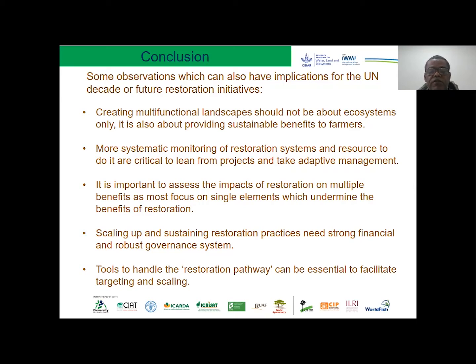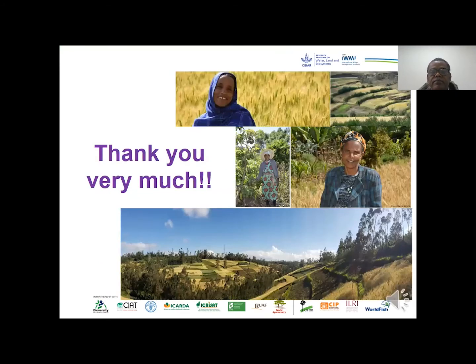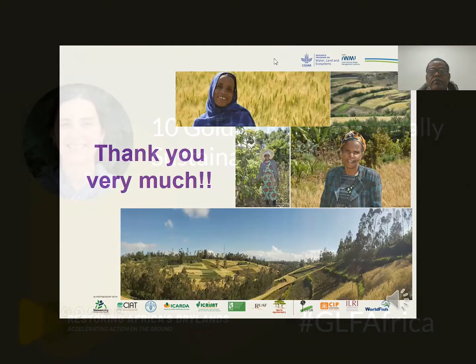And finally, our observation shows that some targeting and scaling tools may be necessary in terms of decision support, because there are some gaps in implementing landscape restoration following the whole restoration pathway, from identifying problems and diagnosis to implementation, impact assessment, and trade-off analysis. So a certain decision support tool may be useful to facilitate targeting and scaling. Thank you very much. Thanks.